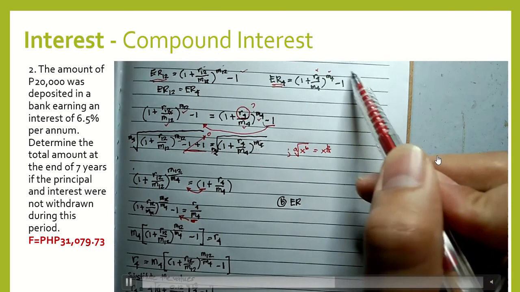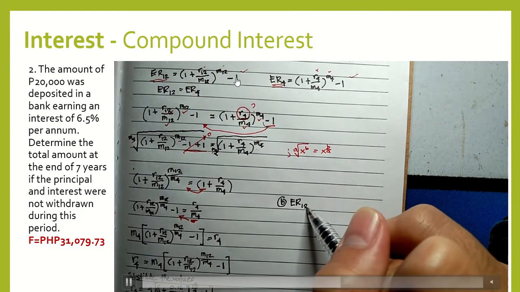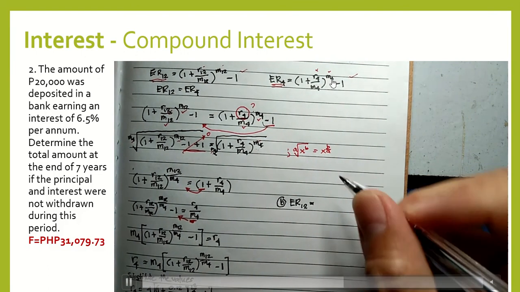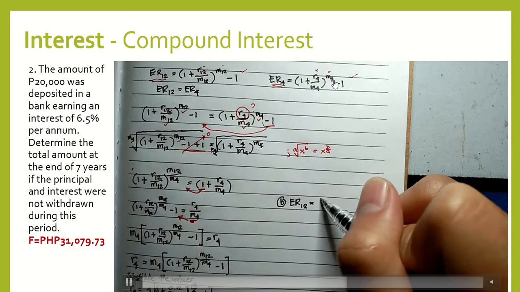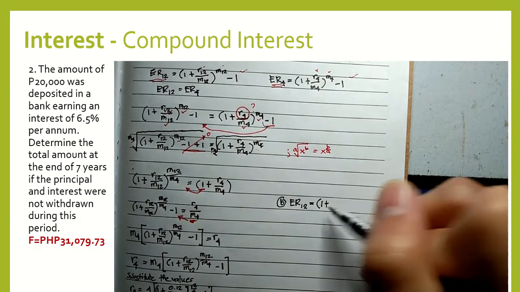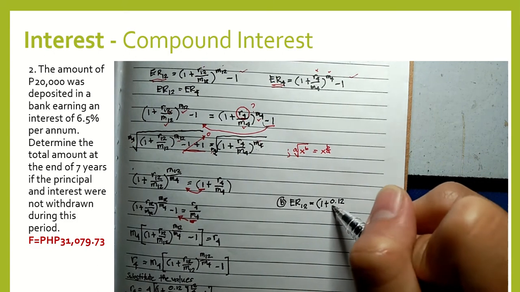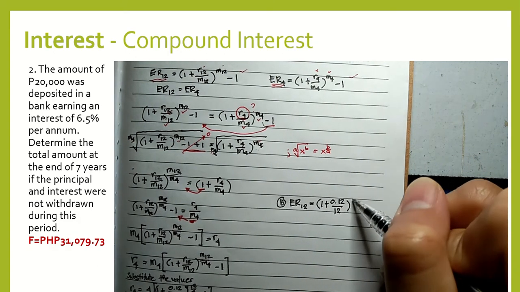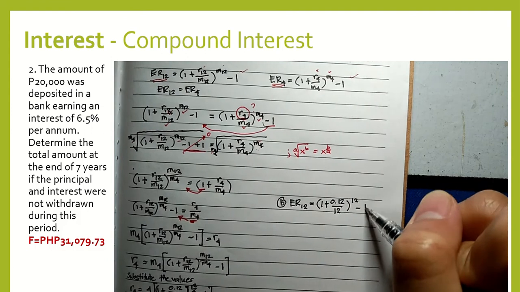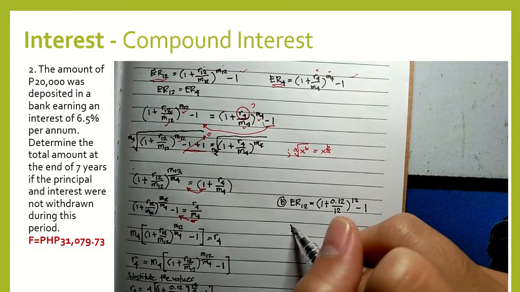I would suggest that you use ER sub 12 since this contains all the given values. ER sub 4 contains the calculated value, so you might have some difference in the decimal values. It would be safer for me to use ER sub 12. However, I will show you later that the two would have the same values.